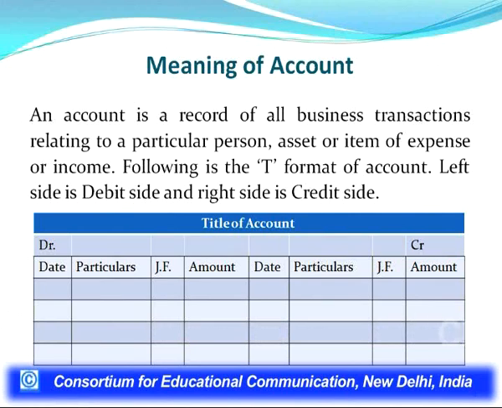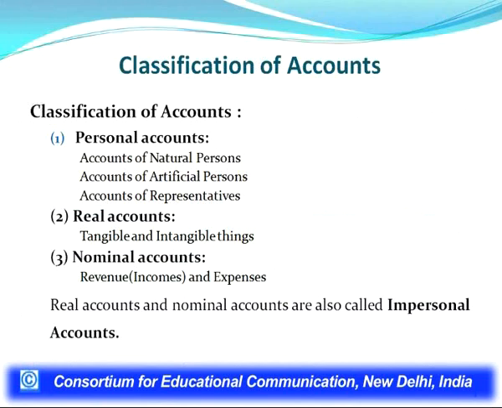JF indicates the journal folio, because the posting into accounts is made from the journal. From which folio or page number we are carrying the entry, that page number is recorded for reference checking. The same 4 columns are on the credit side. So this is the format of an account.